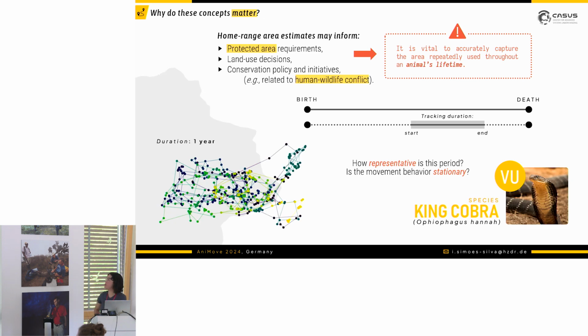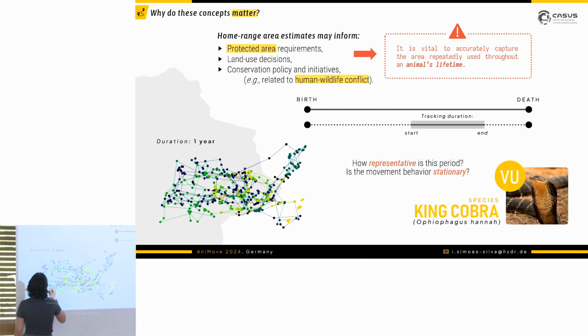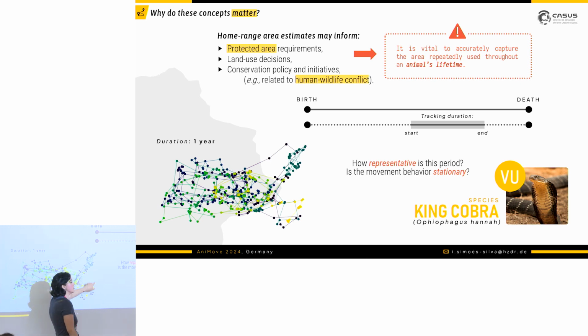And just as an example, this is the data from King Cobra, a project I was working on. This is from Thailand. And this is essentially the boundary of a protected area, a biosphere reserve, right? So we can see the locations for 1 year of VHF tracking data for one of the individuals. And obviously, we can see that it was using area within the protected area and also going on some occasional ventures outside, right?